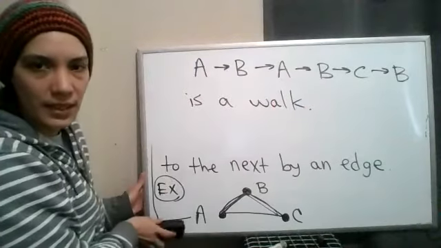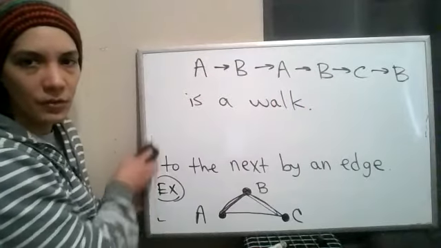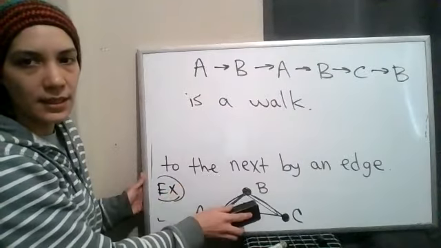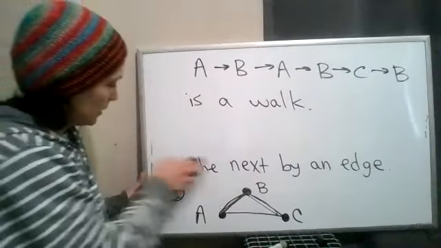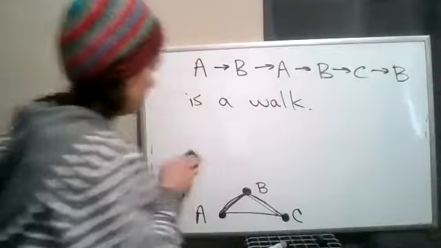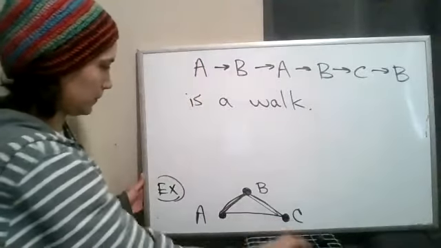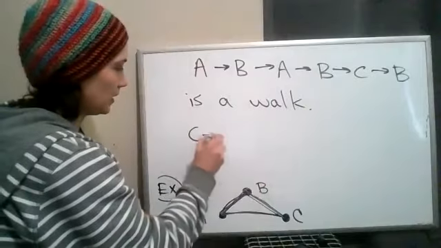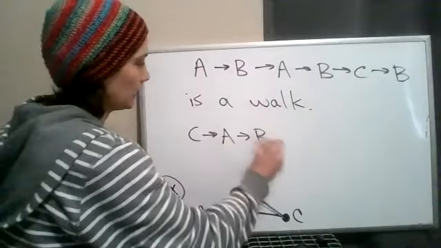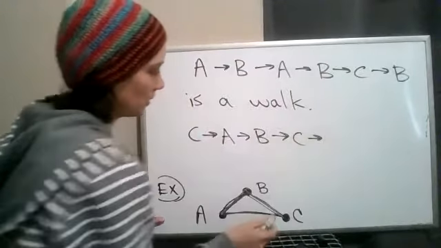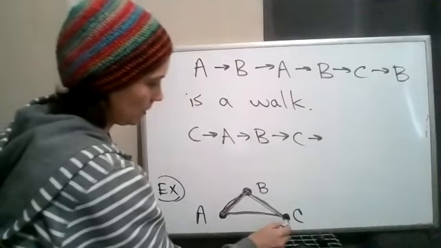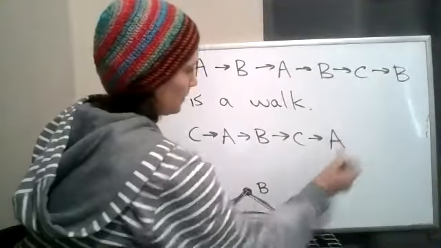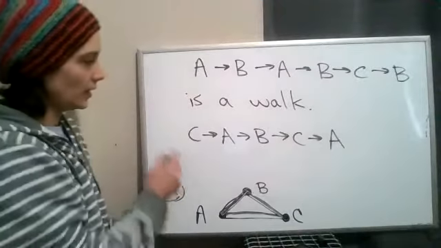Let's do one more. With the same graph, we're going to go C, A, B, C, A. C to A, to B, to C, to A. Okay.